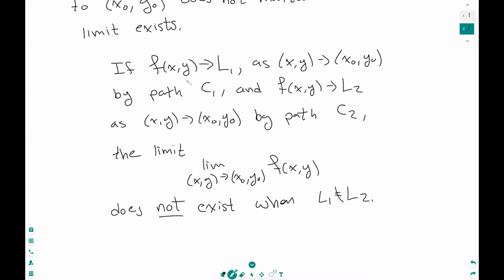So if I can travel along a different path and get that the function approaches a different value, that means that the limit does not exist. I can't take two different paths and get two different limits if the limit exists.